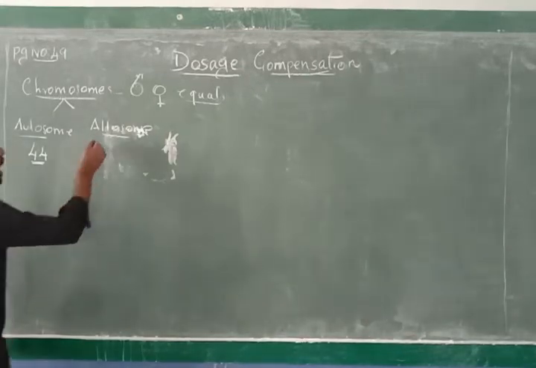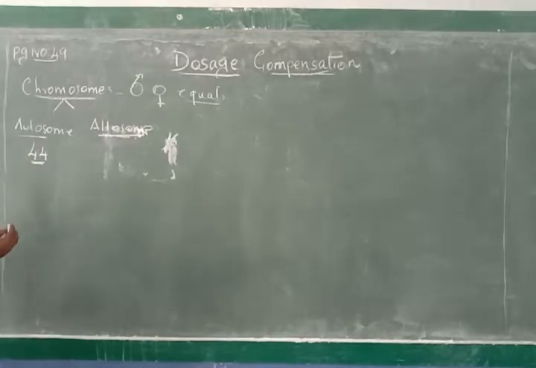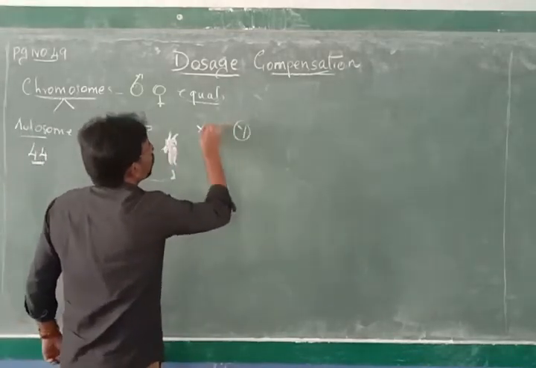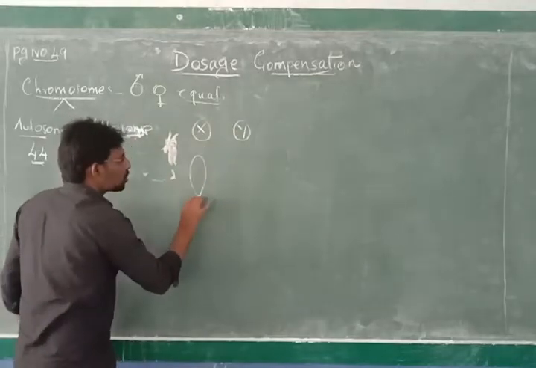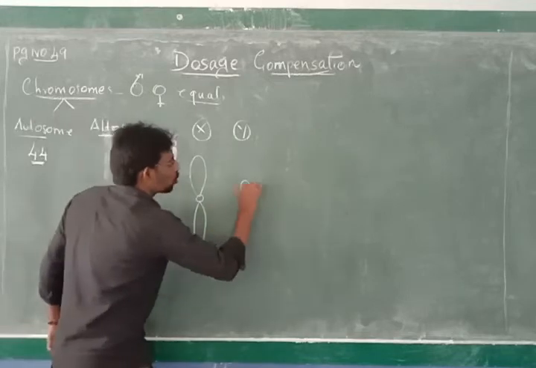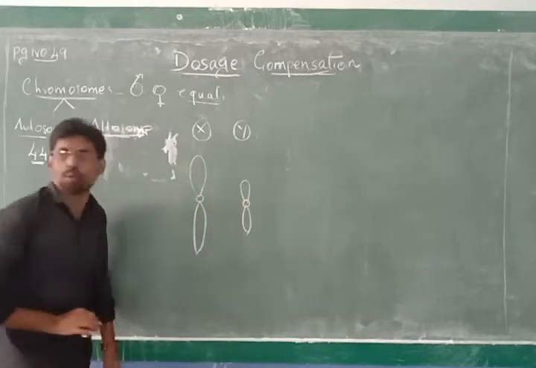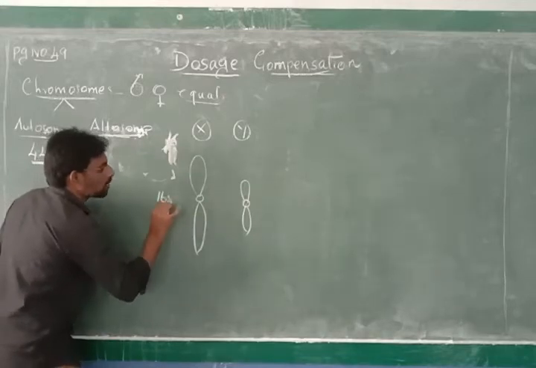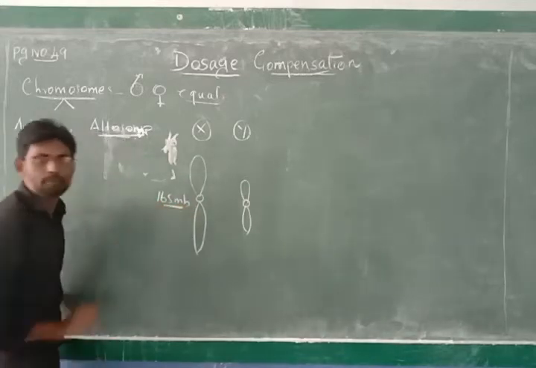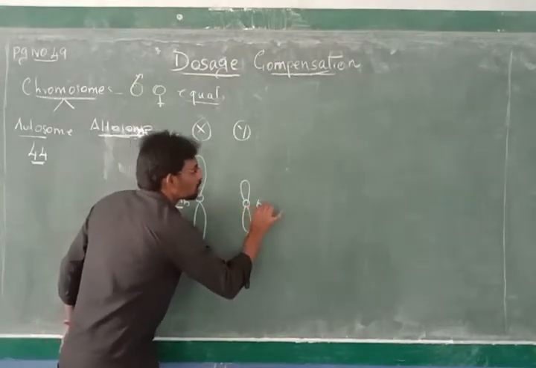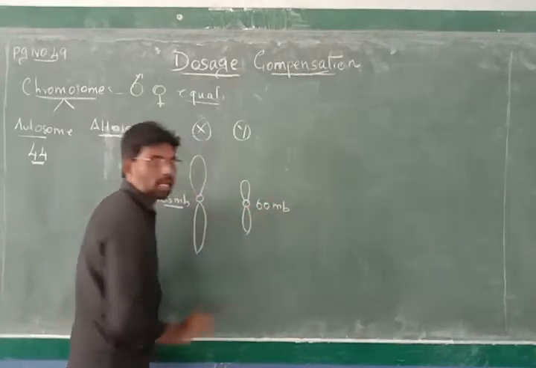When you talk about the allosomes, we discussed two things, the X chromosome and the Y chromosome. X chromosome, the size is 165 MB, you remember? And Y chromosome size is? Very good, 60 MB in size.